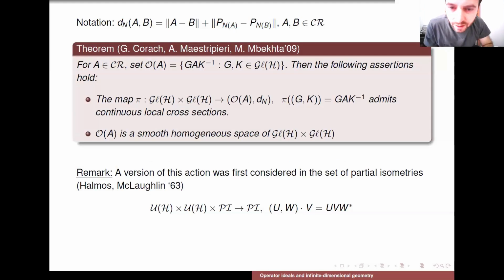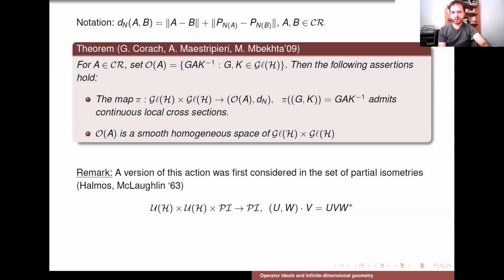So let me show you first what was known in the case of bounded linear operators. This is a result by Corach, Maestripieri, and Mbekhta. Note that here we have this notation, dn, which is a metric that considers the operators and also the distance between the projections onto the null spaces.